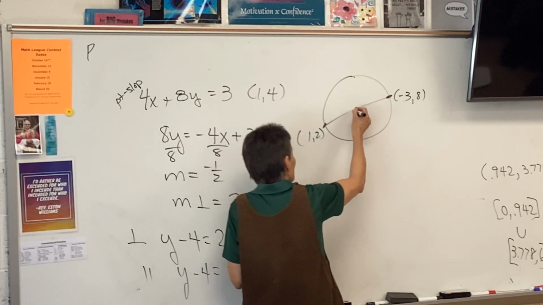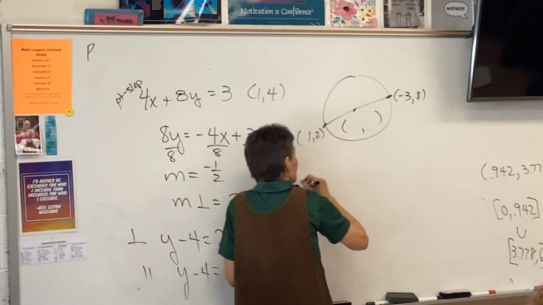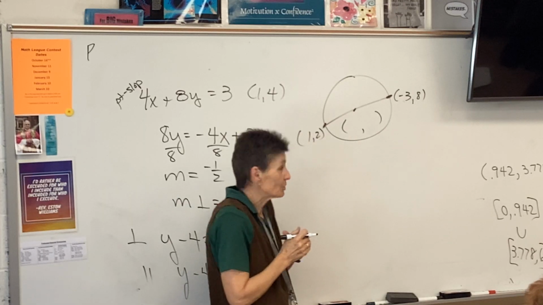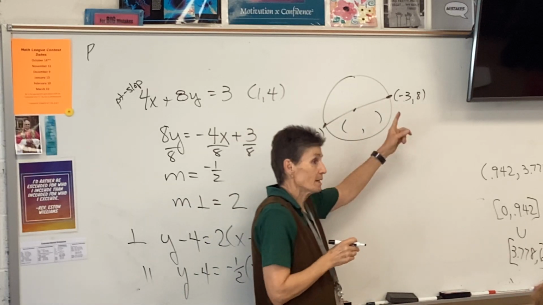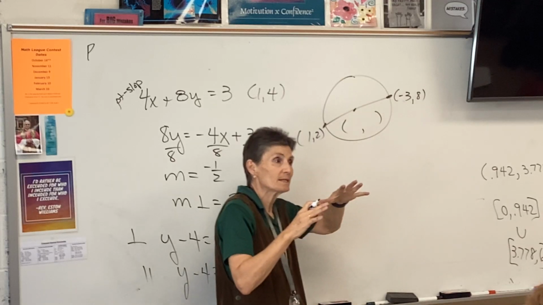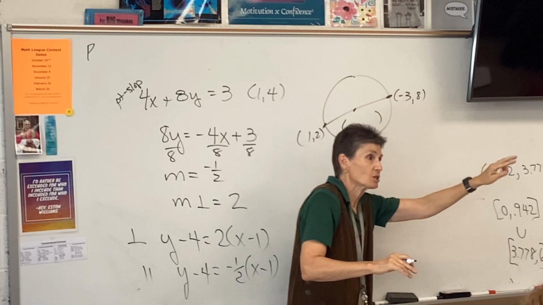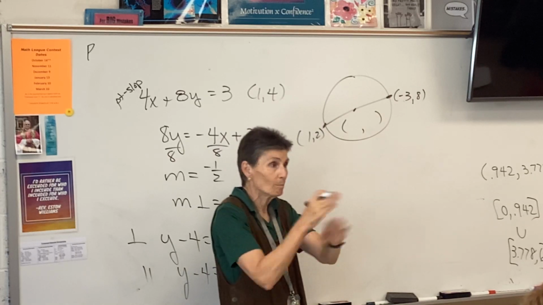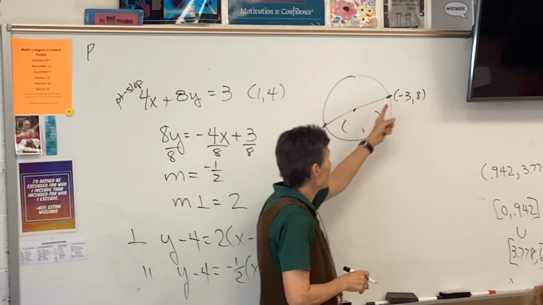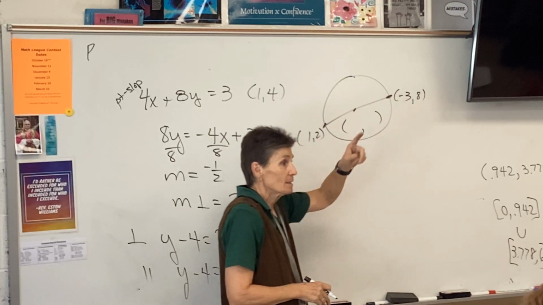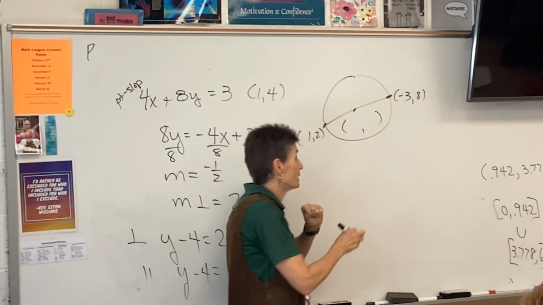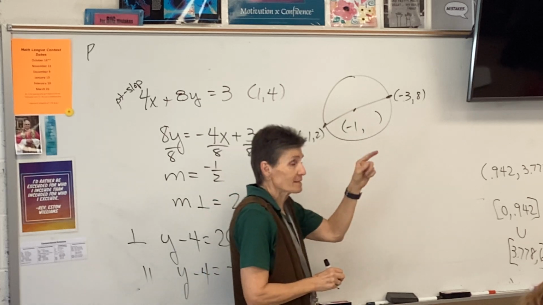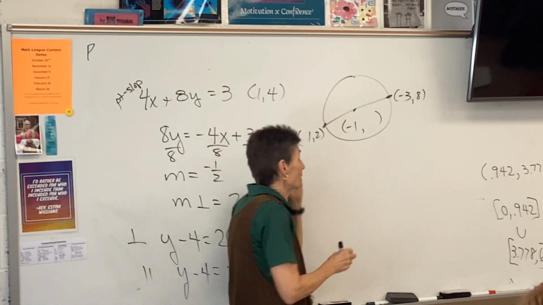And the center will be the midpoint. How do we find the midpoint? Add them and divide by 2. So 1 plus -3. And remember, kids, no matter what you're doing, distance, slope, midpoint, anything, it's y with y, x with x. Don't mix them. So 1 and -3 is -2, divided by 2 is -1. And 2 plus 8 divided by 2 is 5.